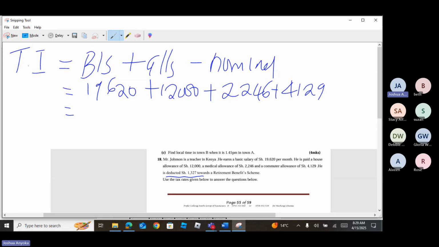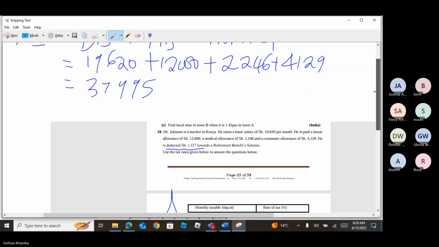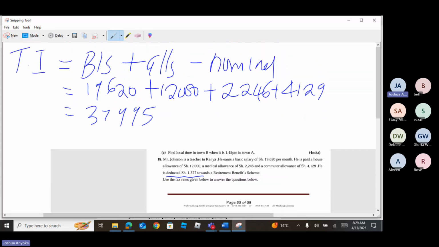Those who have calculated, which figure do you get? 37,995. This one is in Kenya shillings per month.